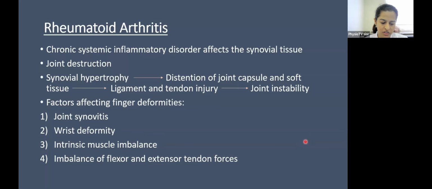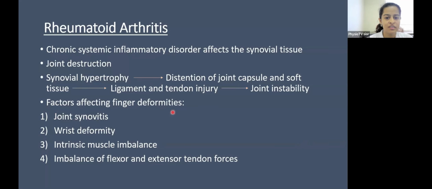So this joint destruction is a result of the interaction between the synovial tissue and the normal joint tissue. And as the disease progresses and becomes chronic, it gets fibrotic and leads to permanent deformities and contractures.